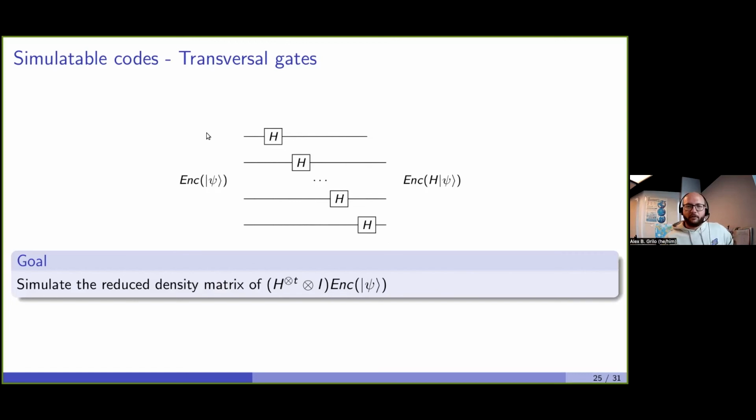And what we need from the simulatable code is not only that you're able to simulate the reduced matrix of code words, but you also need to simulate the reduced matrix of every step of the computation, for example, on the transversal application of Hadamards or any other Clifford. And in this result with William and Harry, we also show that this is not so hard if you have the previous step.